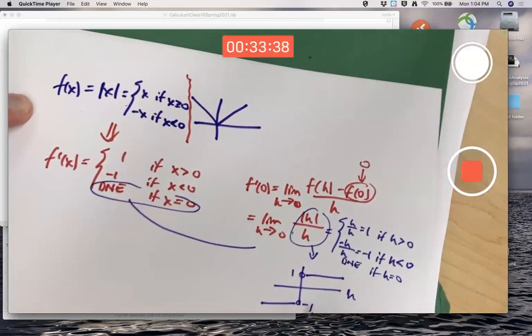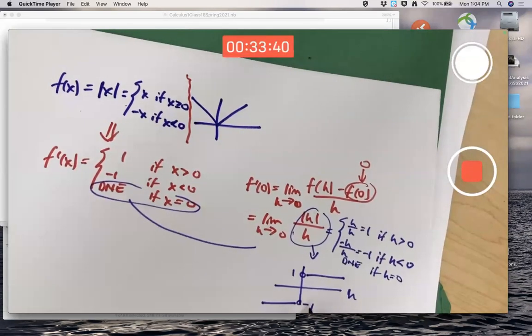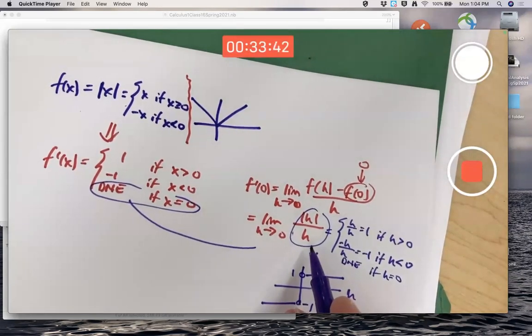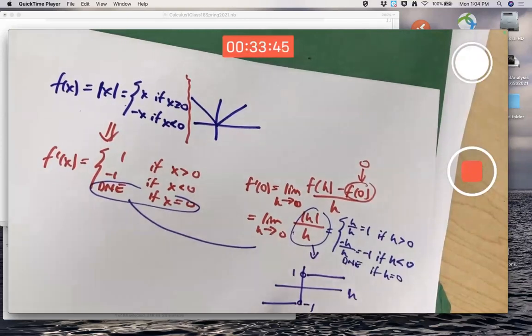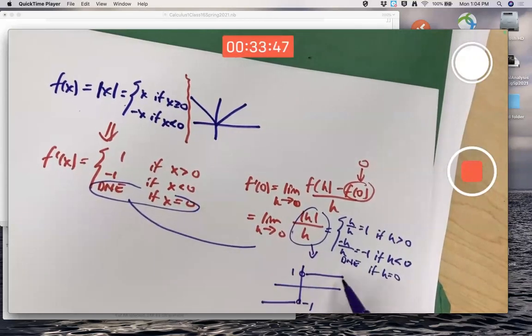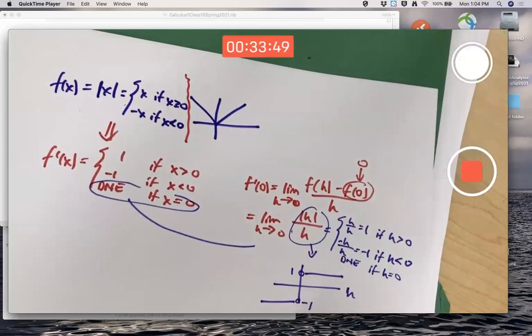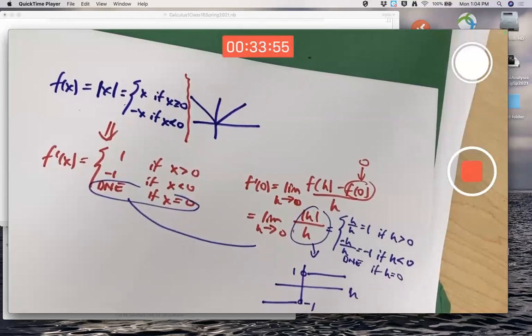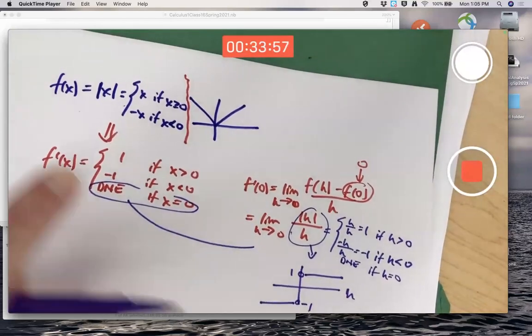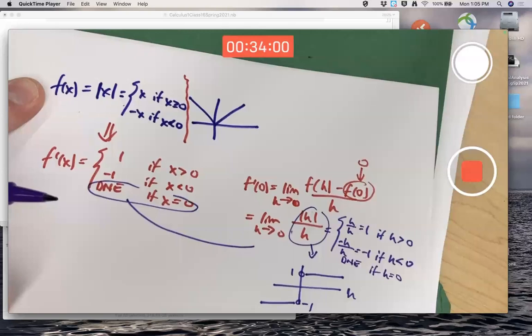This graph here helps me calculate this limit and see that it does not exist. The right-hand limit is +1, but the left-hand limit is -1, and those are not equal. So the two-sided limit does not exist. And again, that means f prime of 0 for this example, the absolute value function, does not exist.